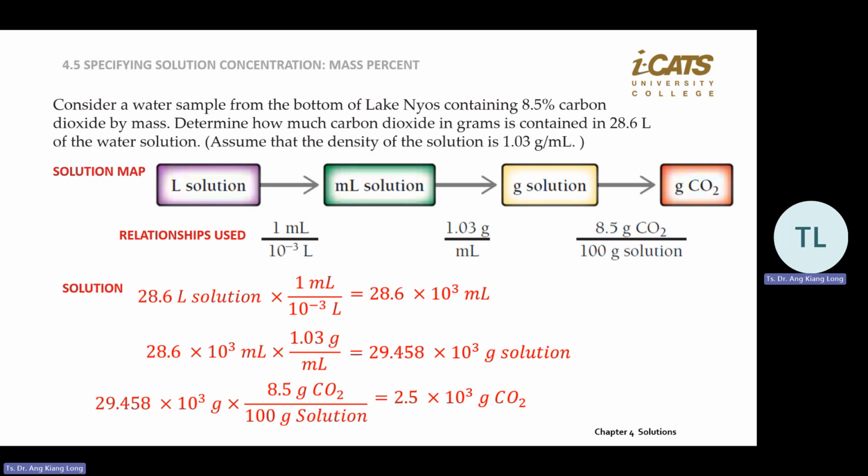So you define how many grams you have. You take this one, 29.458 multiplied by 10 power 3 gram, multiplied by the ratio, the concentration, because you have 8.5% by mass. So you take 8.5 divided by 100. The final answer is 2.5 times 10 power 3 gram CO2.